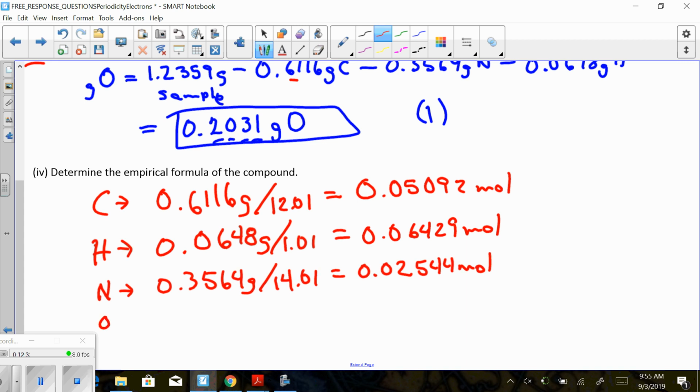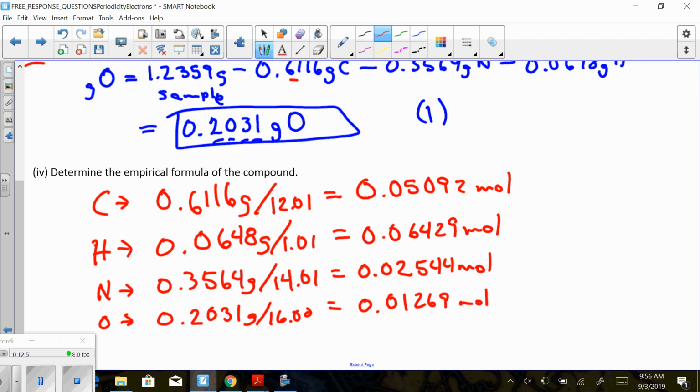And our last one is our oxygen, which is in the last step, 0.2031, and the molar mass is 16.00, and if we divide, we get 0.01269 moles of oxygen.